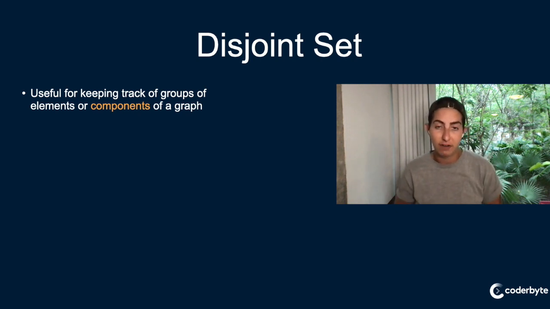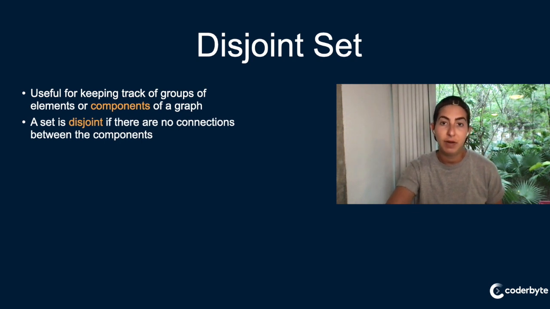Just to get you thinking in terms of how this concept relates back to the problem. So disjoint sets are disjoint when there are no connections between certain components, right? That's what the word disjoint means, that there's an element of separation between the different components of the graph. They are different components because there are no connections between them, if that makes sense.